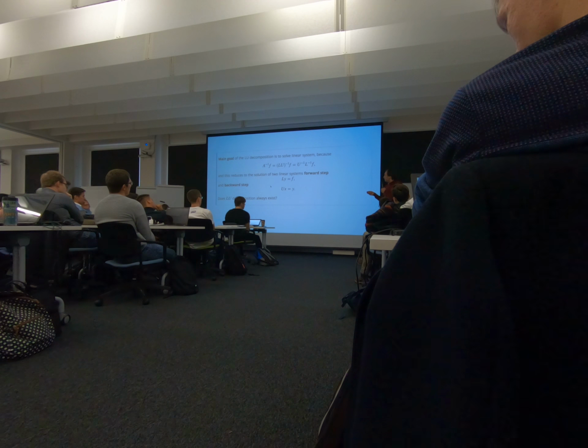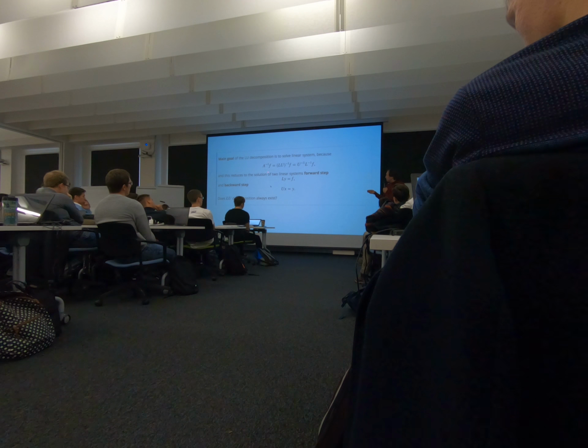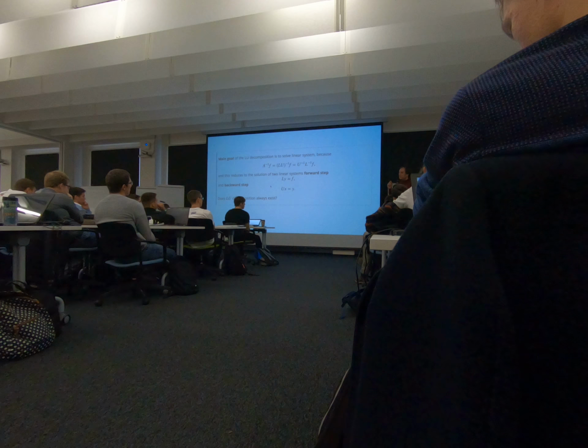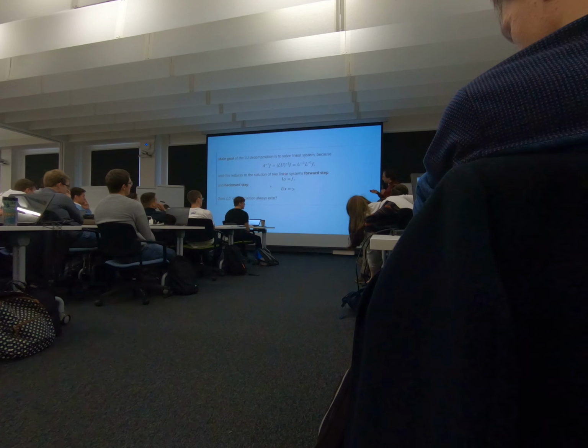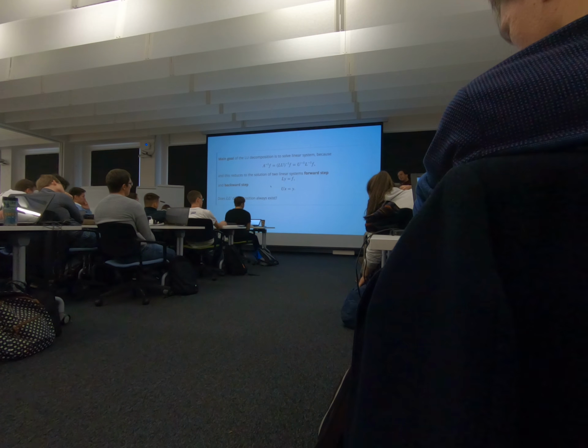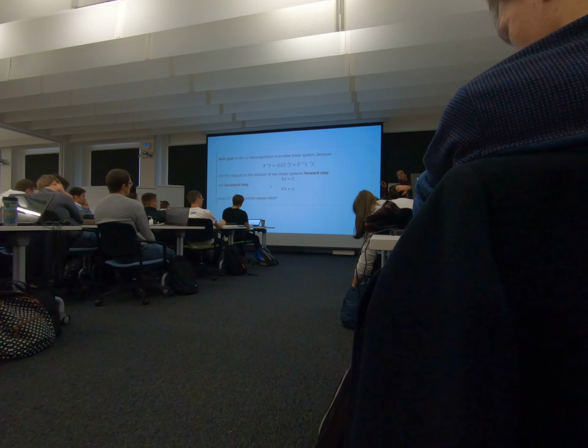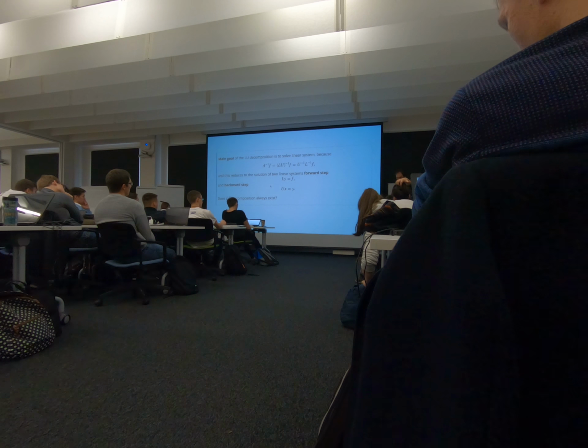Then you need just to solve two triangular linear systems. Another way is to compute the inverse and then do that. But computing the inverse can be much less stable than solving this linear system with lower and upper triangular matrices, right? So we do the decomposition once, and then we can reuse it for fast solution of linear systems with new right-hand sides.